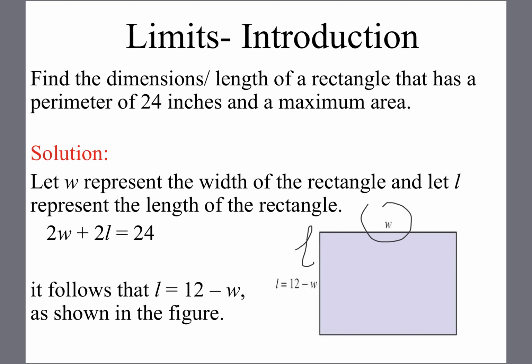Maybe W is the width and L the length, because the shape here is a little bit different, so it is better if I put W here and L here. Length is the more, anyway, right?